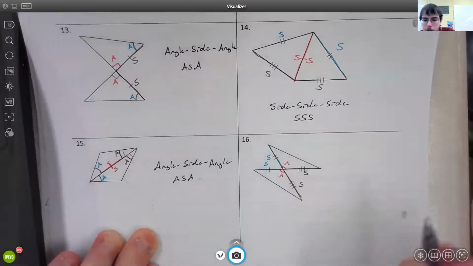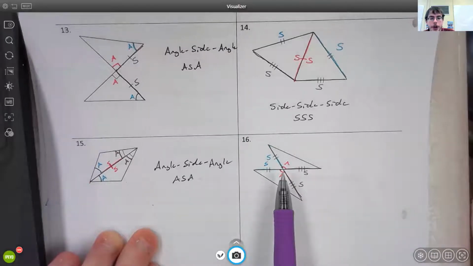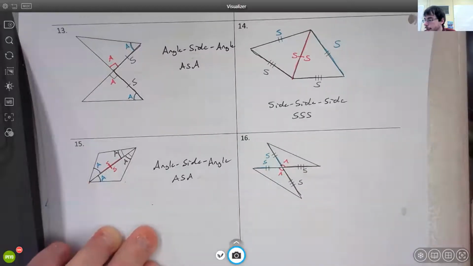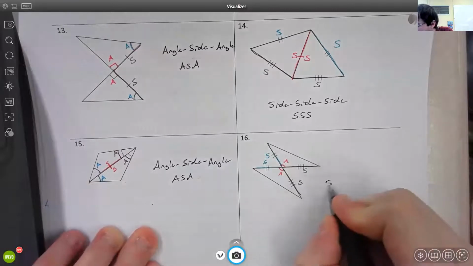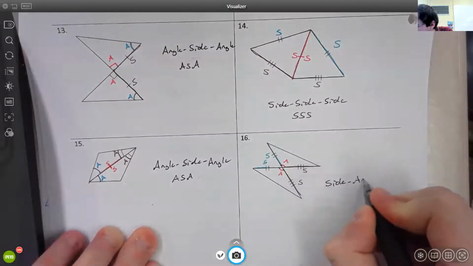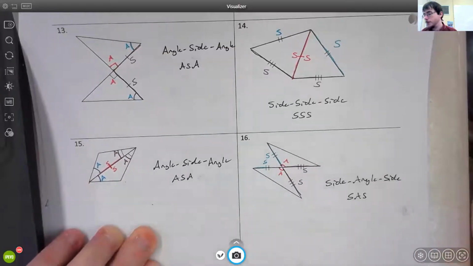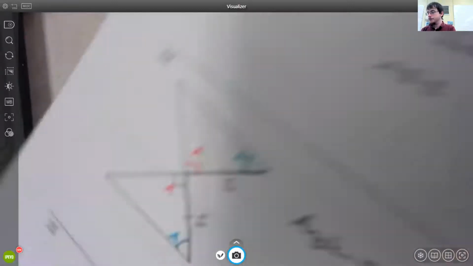So we have two pairs of congruent sides, one pair of congruent angles. Are the angles between the two sides? Yes, they are on both of them. So that means we're dealing with side, angle, side, which is SAS.